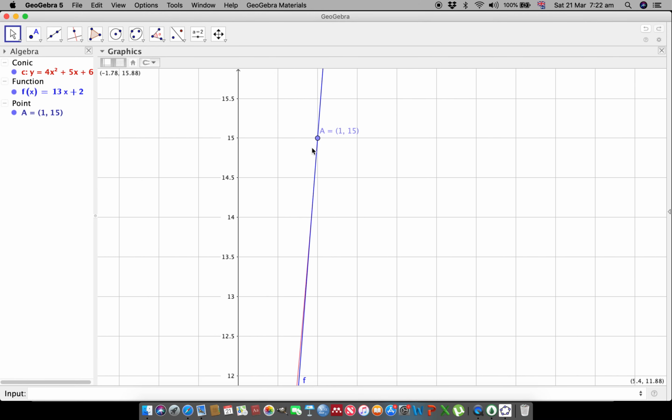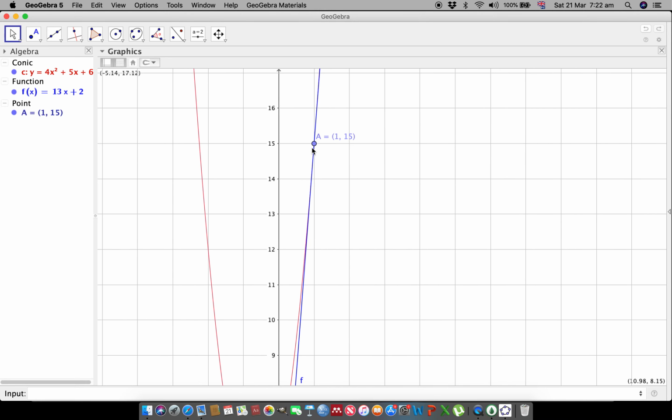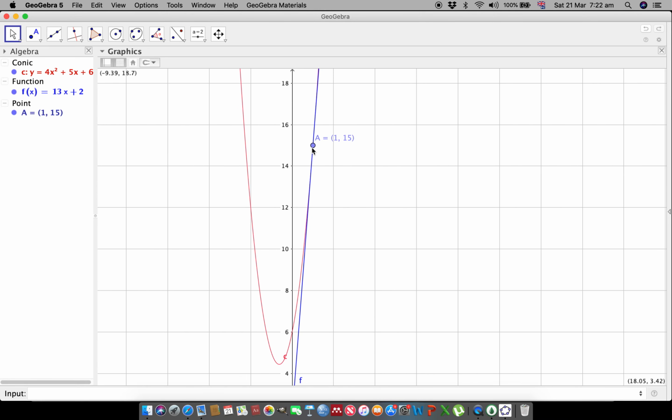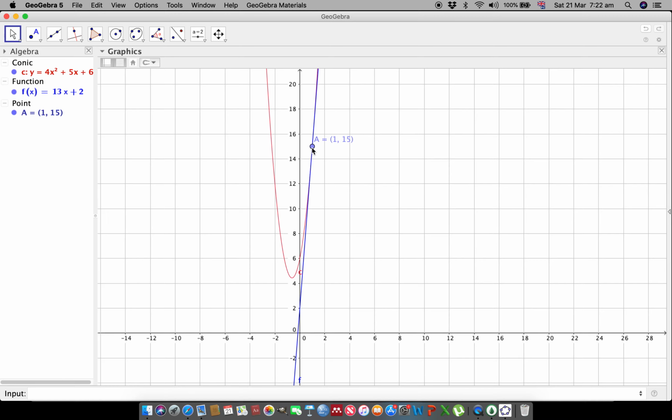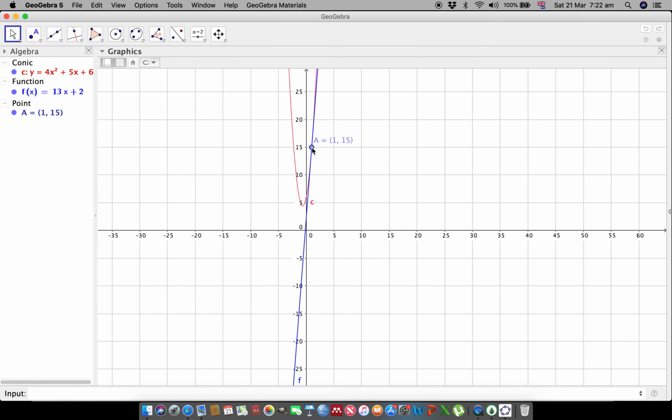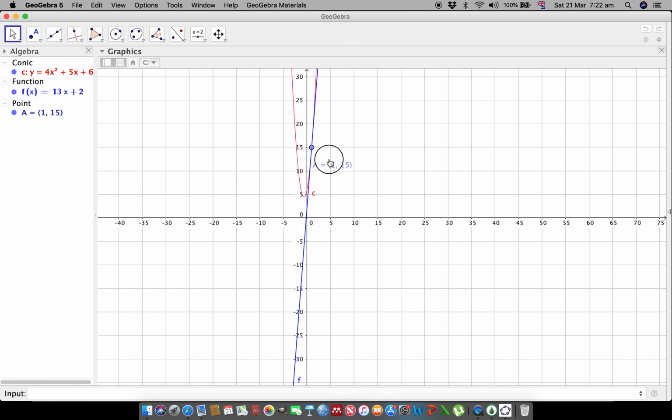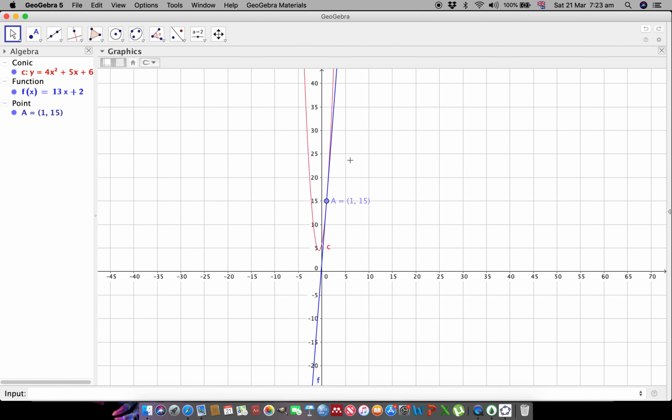From here you can see these two lines. What is the name of this line? The blue line.